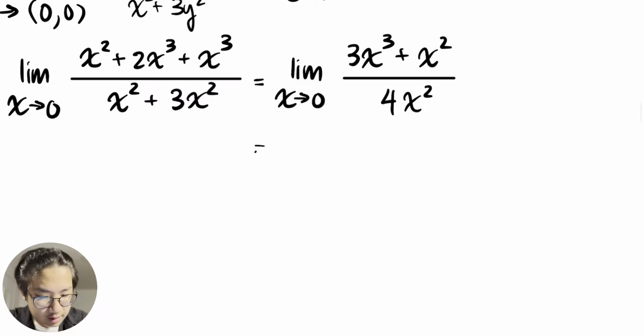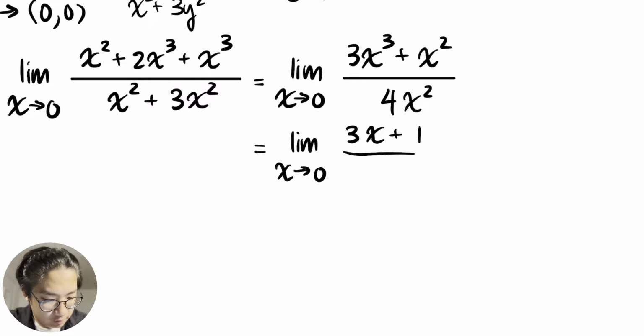Now we can divide the numerator and the denominator by x squared. We then get the limit as x approaches 0 of 3x plus 1, divided by 4.